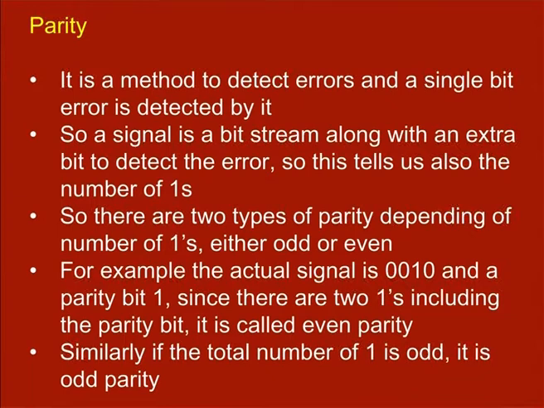For example, the actual signal is 0010 and a parity bit 1 is added to the actual signal. Since there are two ones including the parity bit, it is called an even parity. Similarly, if the total number of ones is odd, then it is called odd parity.